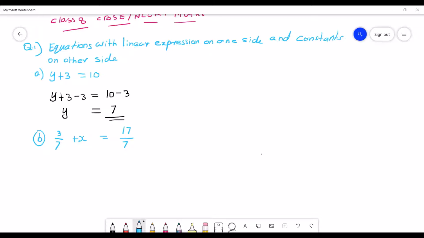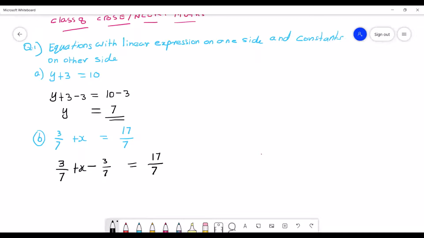So we have to remove this 3 by 7 from the left hand side. See, this is the left hand side and this is the right hand side. In order to remove this 3 upon 7, what we have to do? We have to minus 3 by 7 from the left hand side. So let us write 3 by 7 plus x minus 3 by 7, that will be equal to 17 divided by 7.